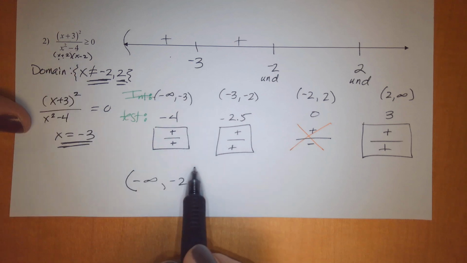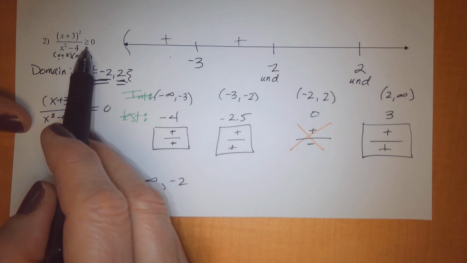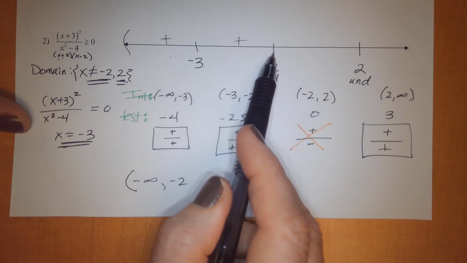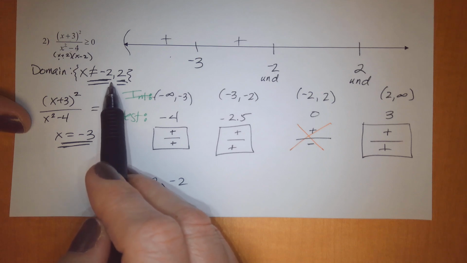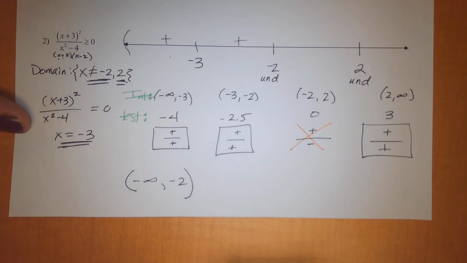Well, normally I would say yes, include the negative 2, because I do have this underscore. Negative 2 should be included since I have the underline, meaning we could go all the way up to it and include that endpoint. However, negative 2 is not part of my domain. So because it makes my denominator 0, I cannot include that endpoint.